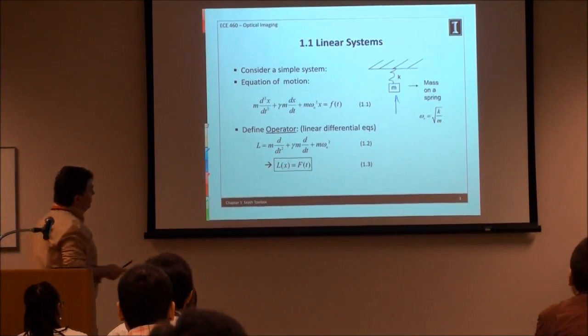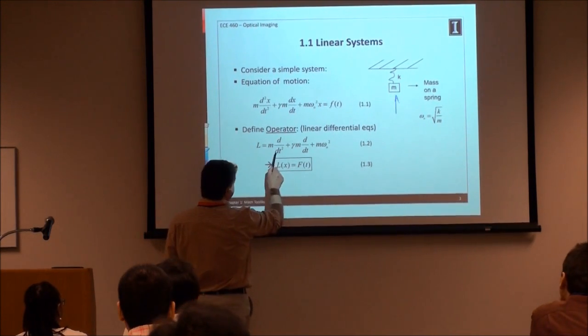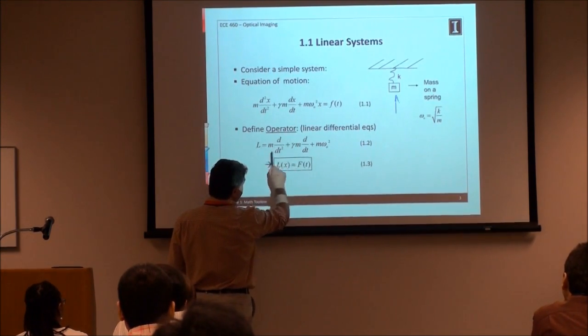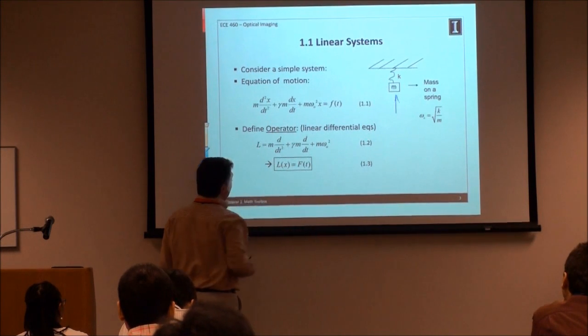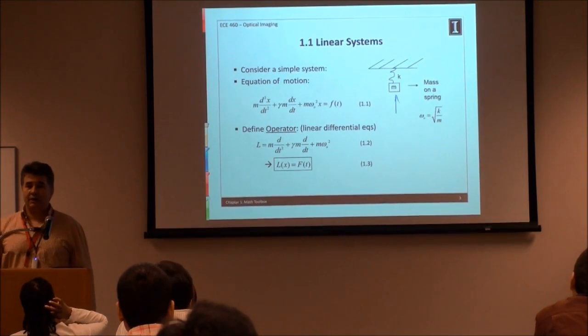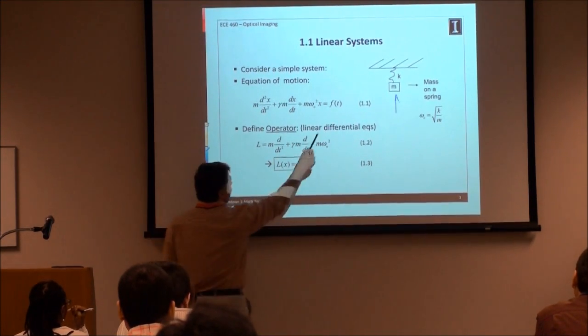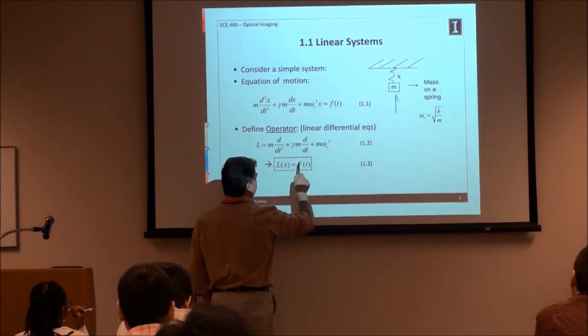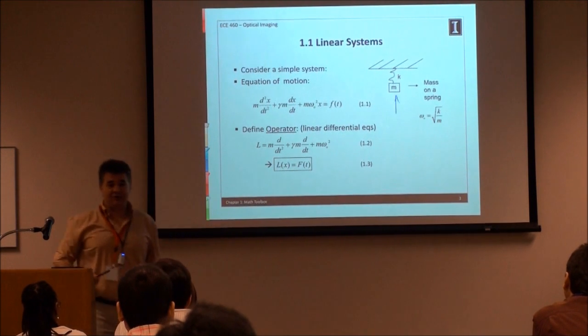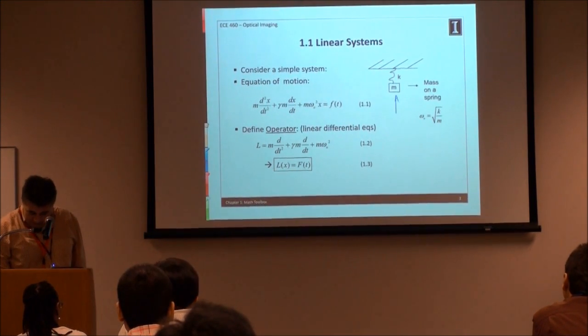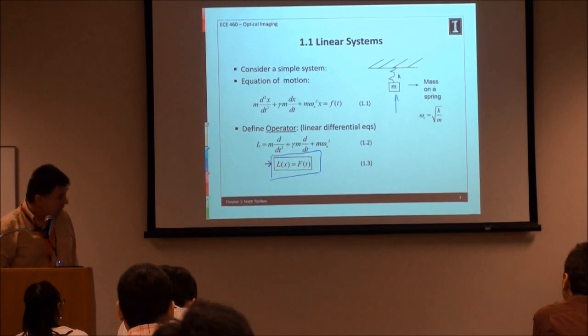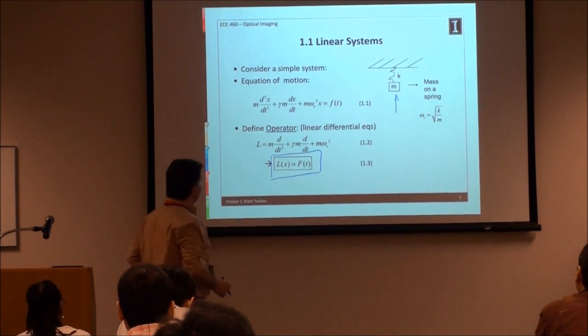If I define the operator L like this, that includes all the differential operators in it, I can write my equation simply as L of x equals f of t, where f is this f. Disregard the mismatching font. Okay, so basically I can write in a very compact way my differential equation like this.